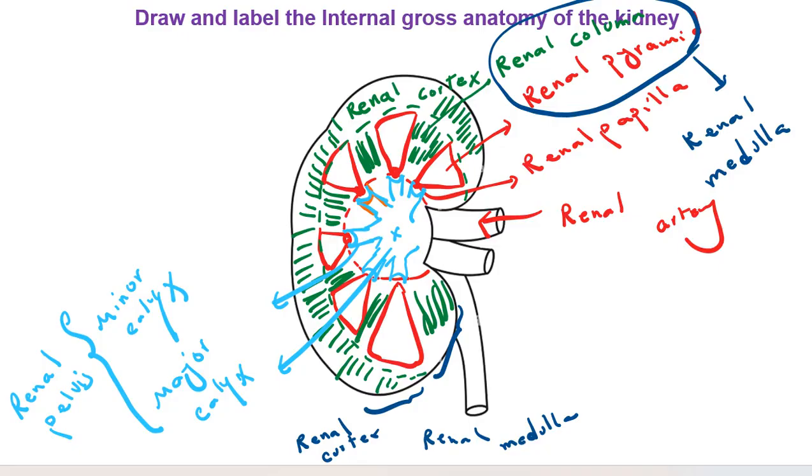And then here we have a renal vein, carrying the oxygenated blood from the kidney, but it is filtered blood, which means we removed the waste products and toxins from this blood. And also here, let's label this as ureter, which carries the urine from the kidney to the urinary bladder.